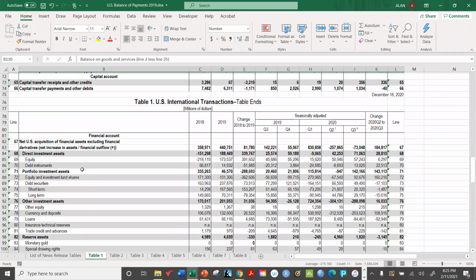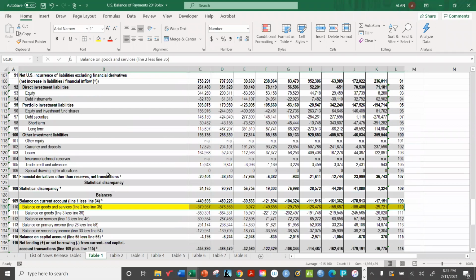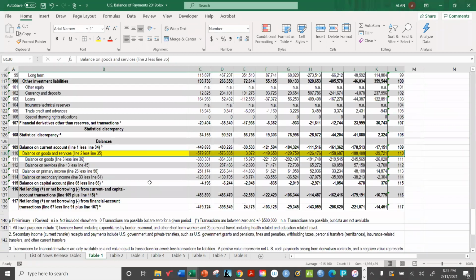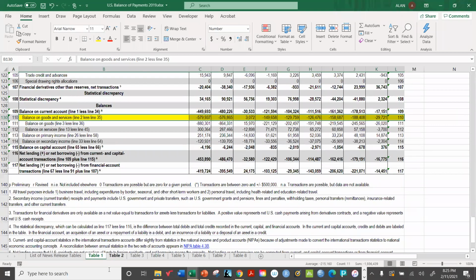This is what the press popularly calls the trade deficit. It says balance on goods and services, but it is the trade deficit. So it's good to know where all this stuff is held.